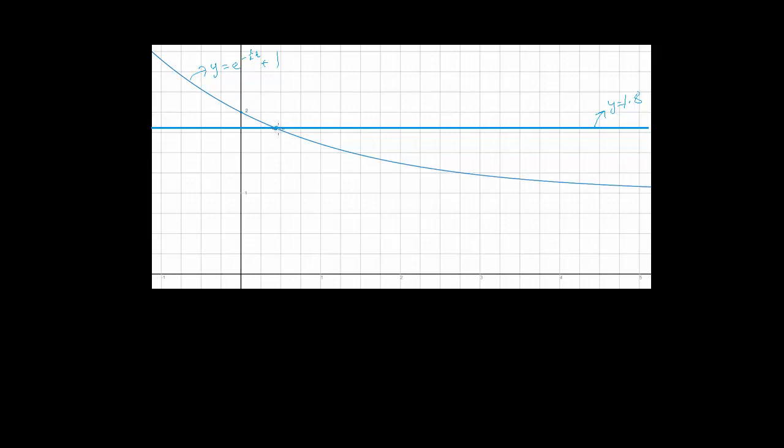They are intersecting at this particular point, and this is 0, this is 1, so this is less than 0.5. It is going to be around 0.45.